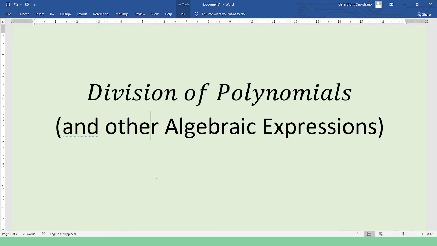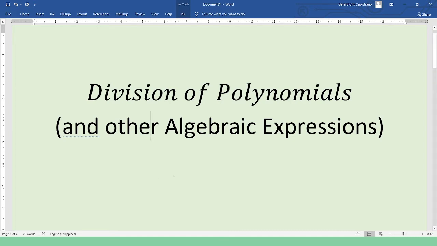There are some cases kasi, di ba, when we mean polynomials, these are algebraic expressions whose variables do not have any negative or fractional exponents. Dito kasi sa division, nagkakaroon tayo minsan ng mga tinatawag nating negative exponents. So kaya ko dinagdag dito na division of polynomials and other algebraic expressions.